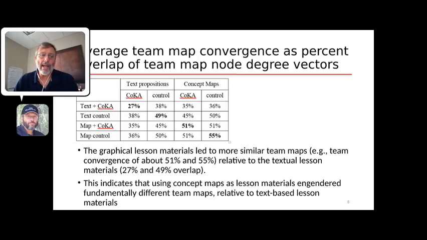And what you'll see is on the diagonal, the values are larger. There is, quote, convergence, that the treatment conditions led to maps that were more like those who had the same experimental condition that individual was in.